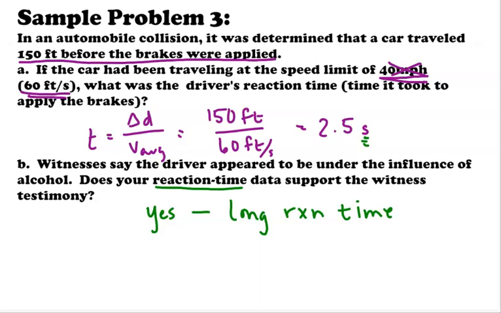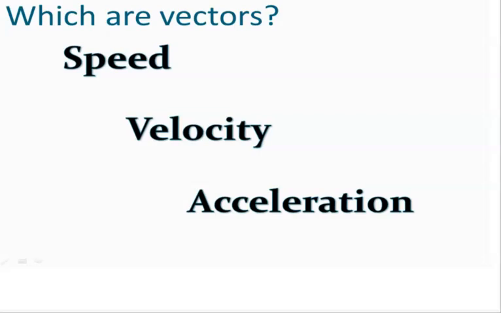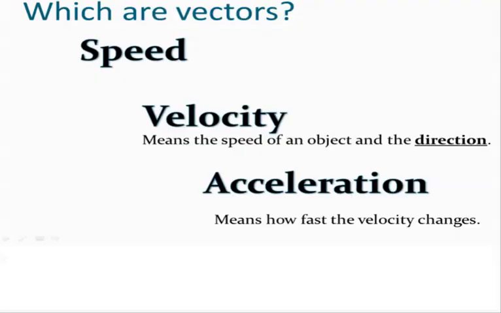Okay, so moving on. In your notes at the bottom of the page, you can remind yourself what speed means. Speed means the distance that something traveled during a certain amount of time.